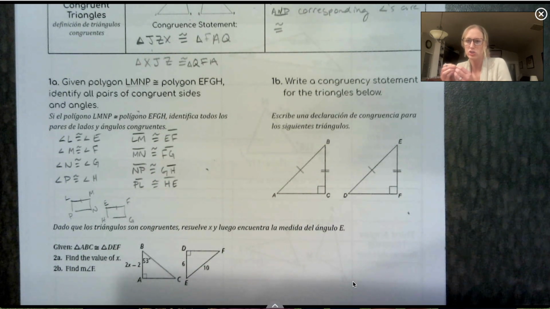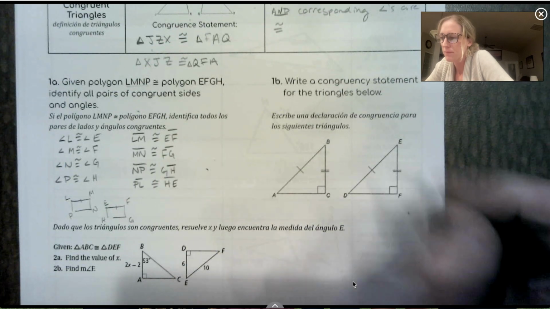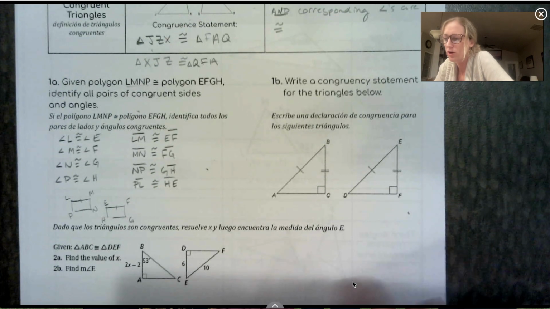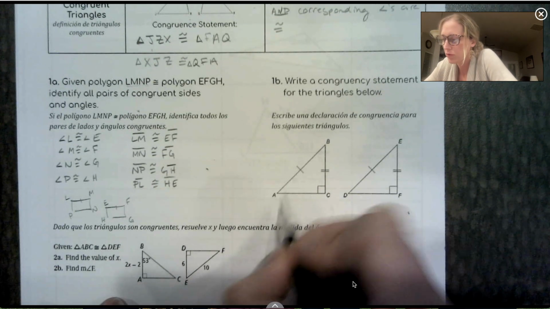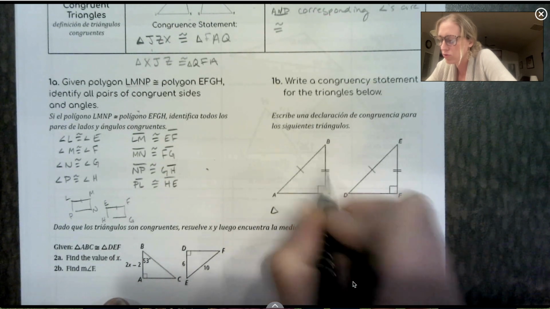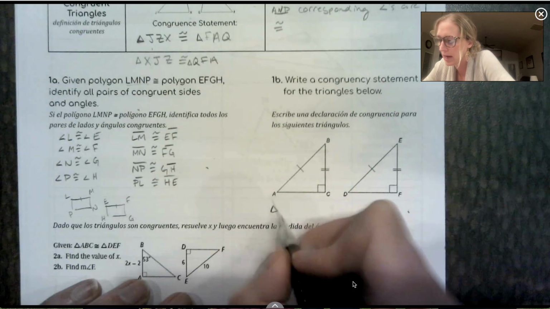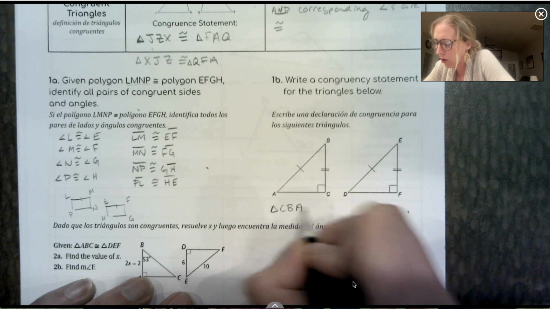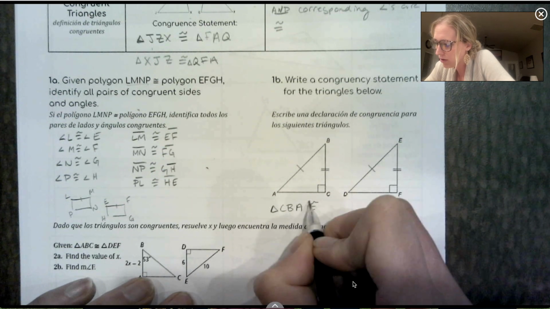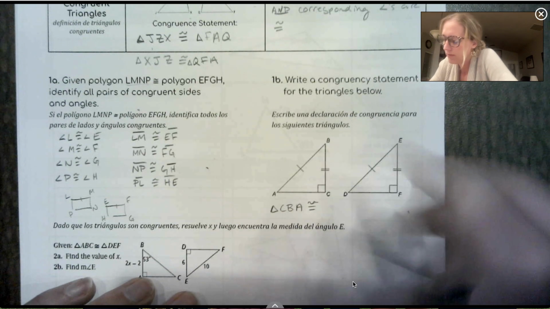Which parts match together? Okay, 1B gives me 2 triangles. It says write a congruency statement. So again, I'm going to name this first one however I want. ABC, the order does not matter. I'm going to actually name it CBA.